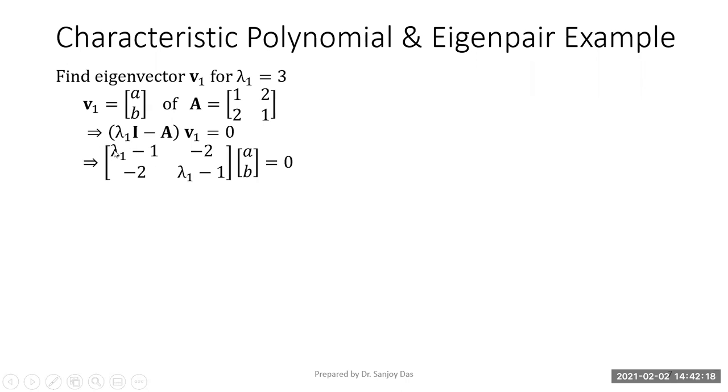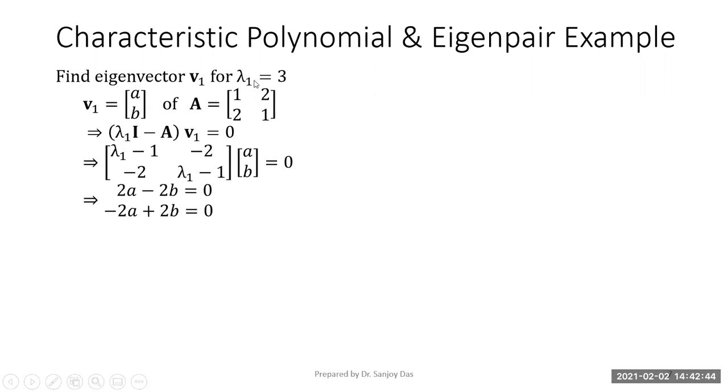So I plug in the values of A, which is 1, 2, 2, 1, and I, the identity matrix. So lambda 1 I minus A becomes lambda 1 minus 1, negative 2, negative 2, lambda 1 minus 1. And V1 is (A, B), so this must be equal to 0.